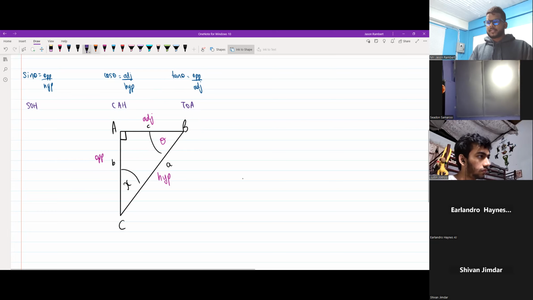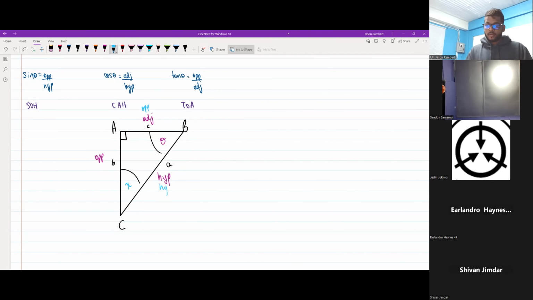If I use x, the same principle applies. The side opposite x is going to be the opposite. This will always be my hypotenuse. Again, by the process of elimination, this is my adjacent.